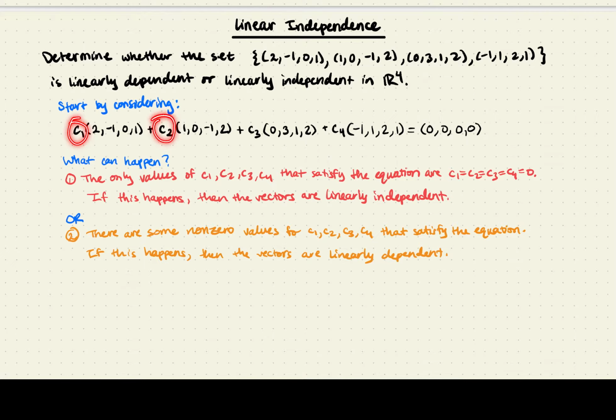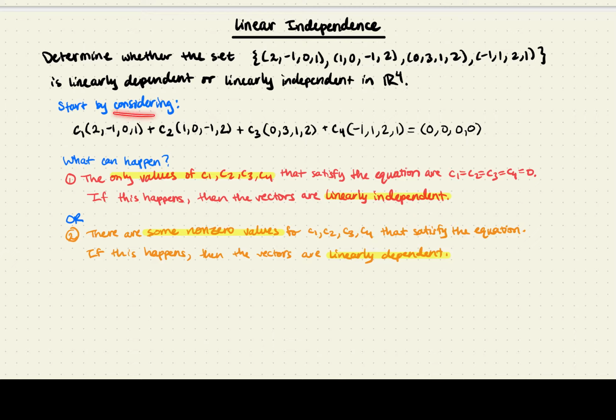Say I could find a 2 and a -1 and a 3, and I could write some of these vectors as linear combinations of the others. So to recap, if the only values of C1, C2, C3, and C4 are 0, that would mean we have a linearly independent set, or if there are at least some values that are non-zero, then we'd have a linearly dependent set. So let's go ahead and look at how we can determine this.